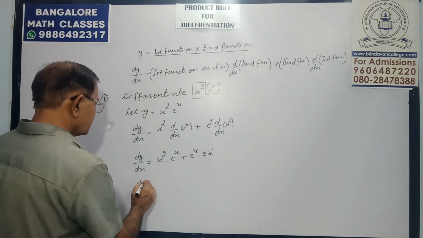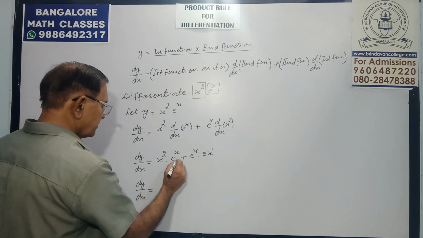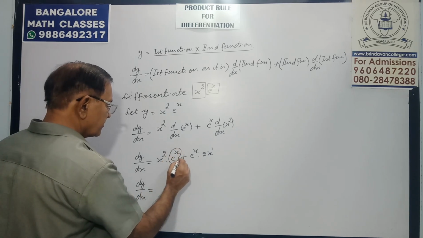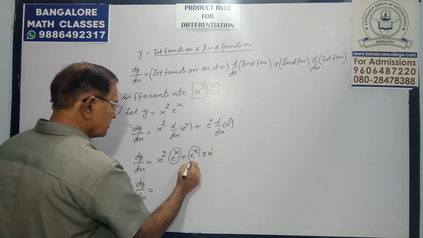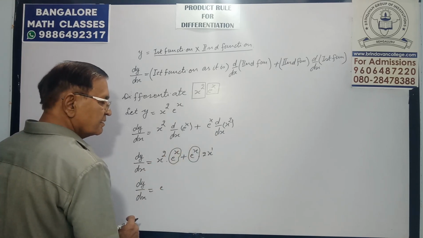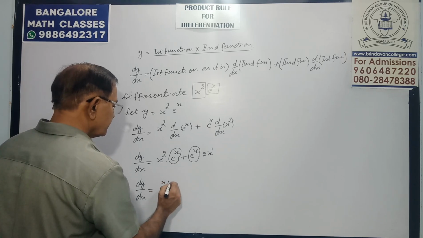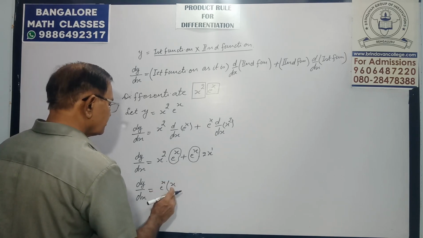Thus dy by dx, e power x we can take common. To simplify it, actually it is differentiated. To simplify it, e power x we can take common. x is also common.